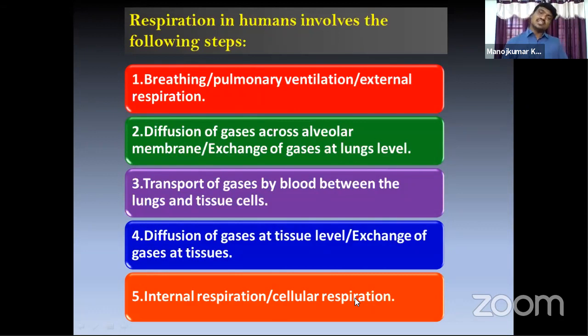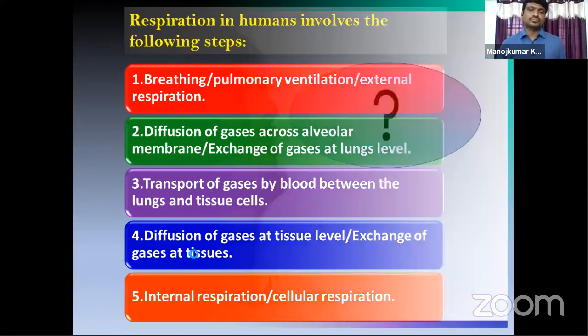As it occurs inside the cells or tissues, it is also described as tissue respiration or cellular respiration. As it occurs in the innermost part of the cells, it is called internal respiration. These are the steps in the process of respiration as far as human beings are concerned. Of course, this all occurs in all vertebrates also.